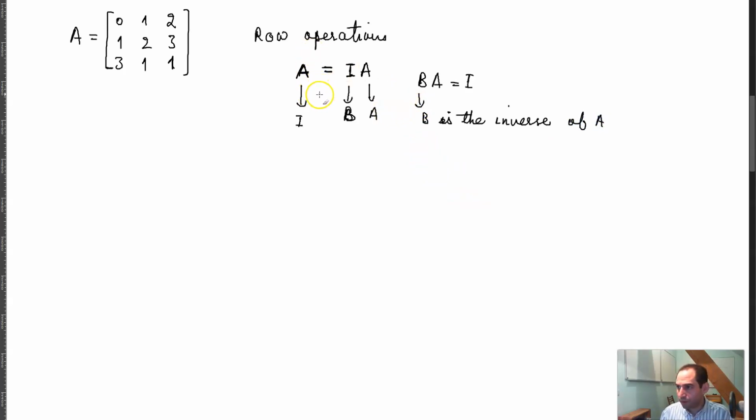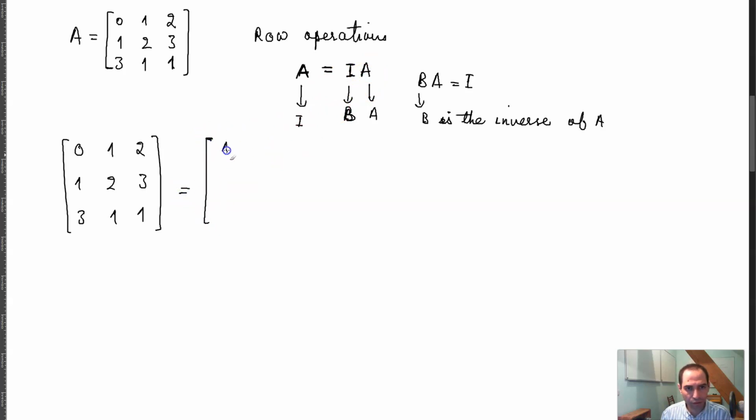So I write A is equal to IA. So A is equal to IA would be basically [0, 1, 2; 1, 2, 3; 3, 1, 1], and then I write it as I times A. So I would be this matrix [1, 0, 0; 0, 1, 0; 0, 0, 1].